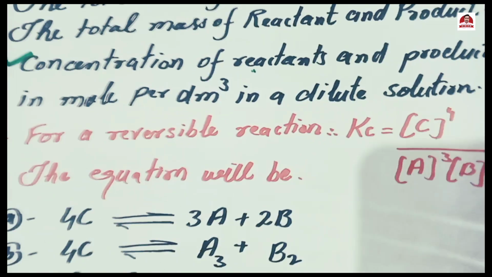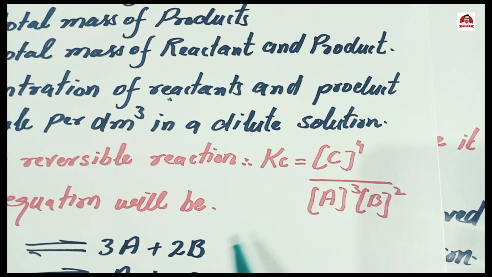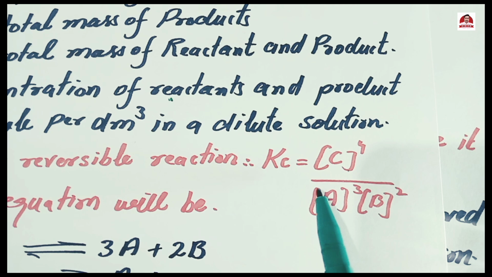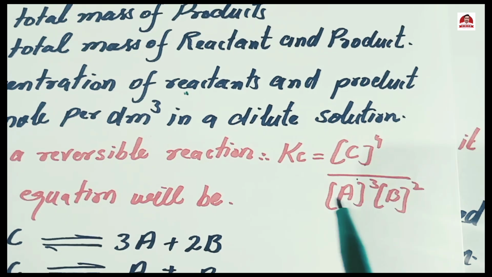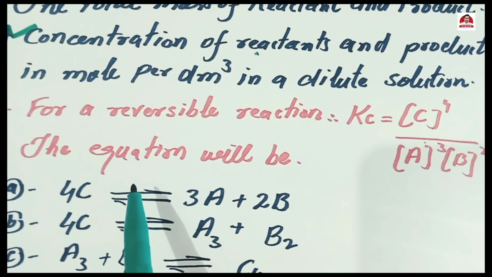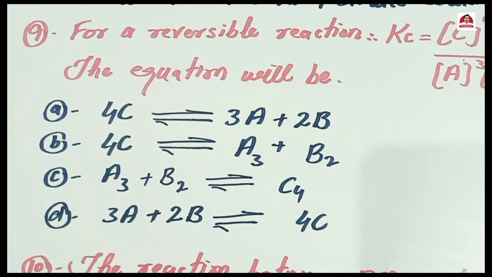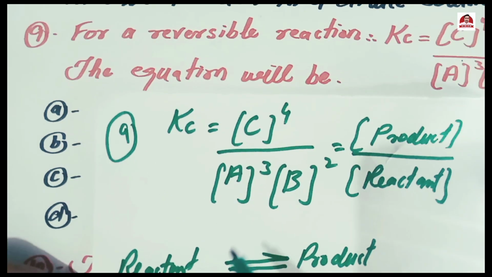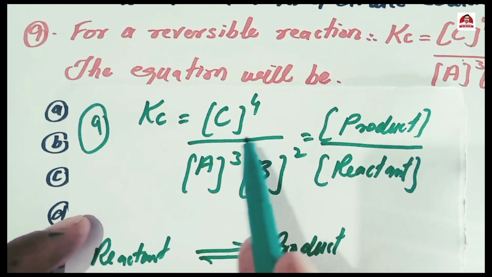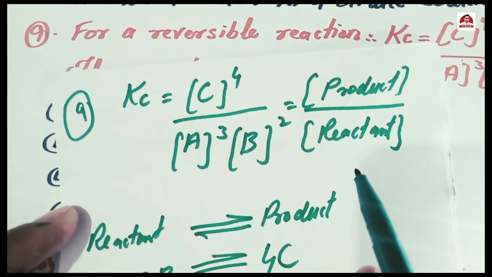So according to this Kc value, which equation will it be? This is the Kc form, and according to this, which equation will it be? So we know that in Kc form, it is the concentration of the product divided by the concentration of the reactant.